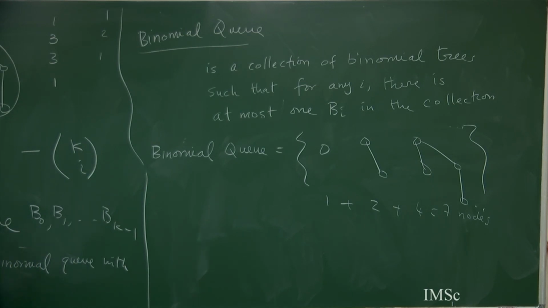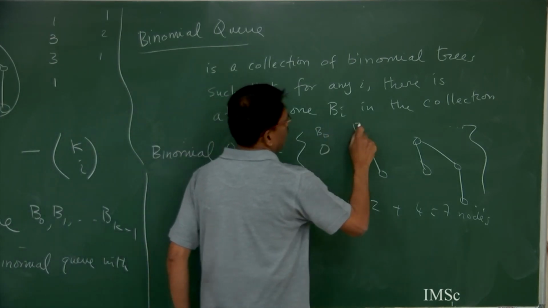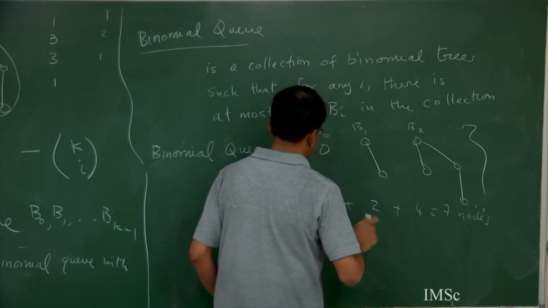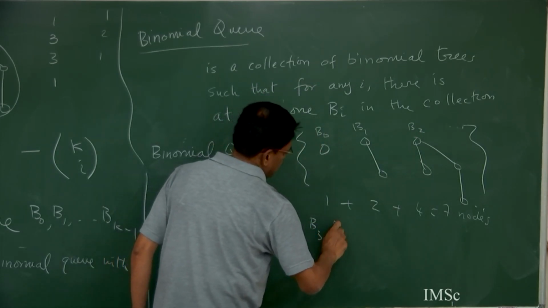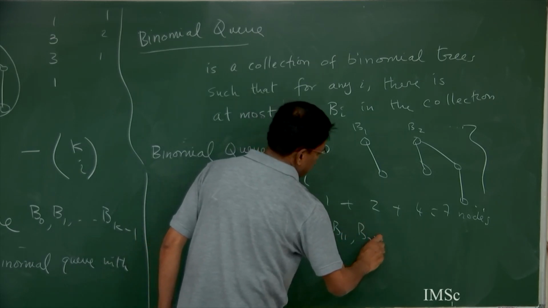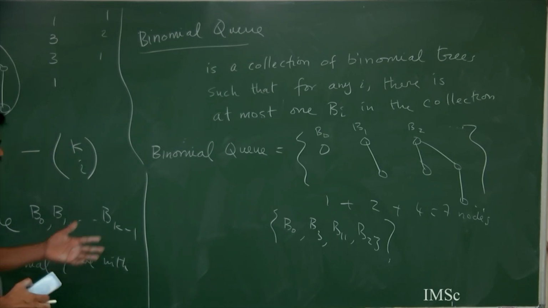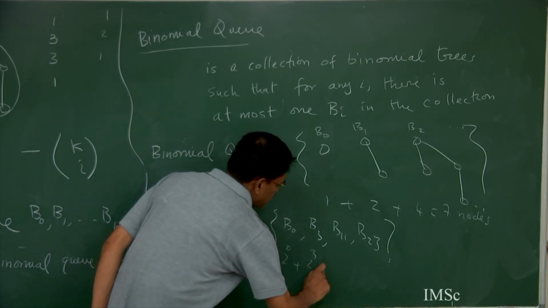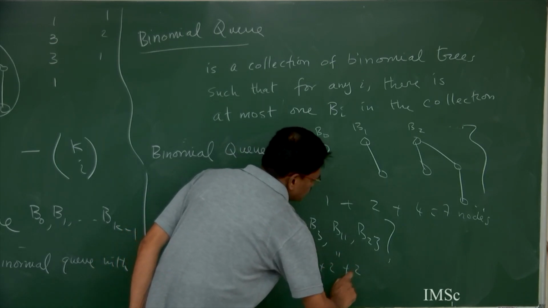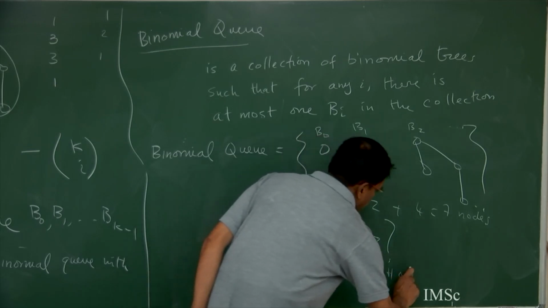So, in general, a binomial queue is just a collection of binomial trees. Here it's B0, B1 and B2, but I might just have B0, B3, B11, B23, and that will be a binomial queue. And the number of nodes in the binomial queue is 2 to the power 0 plus 2 cubed plus so on; this will be the number of nodes.